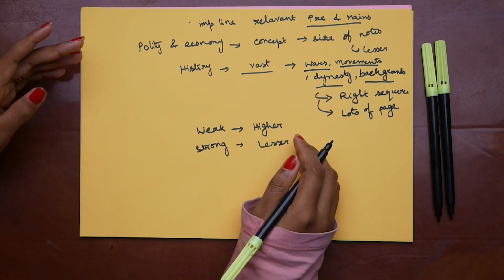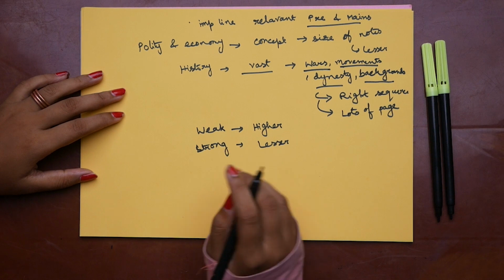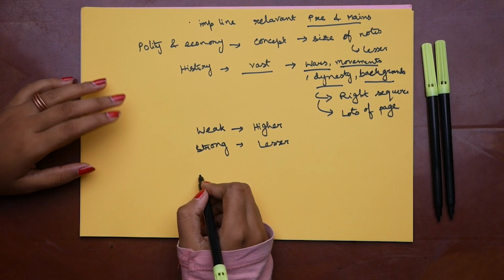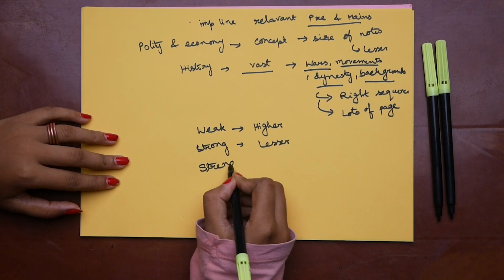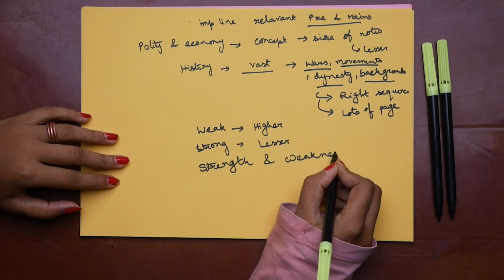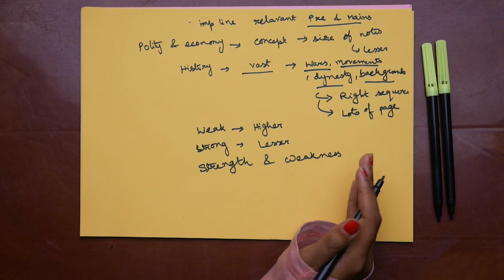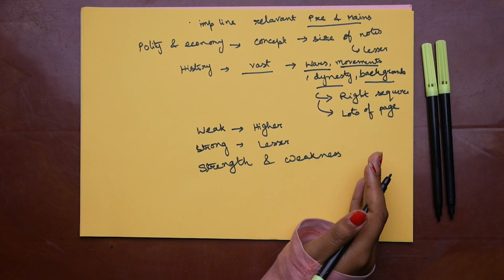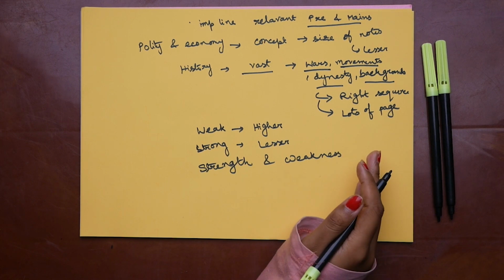So in summary, you should make notes based on the command you have on each subject, that means based on your strengths and weaknesses. I hope it helps you have a broad overview of how to make notes from NCERTs on each topic. That's it for today.